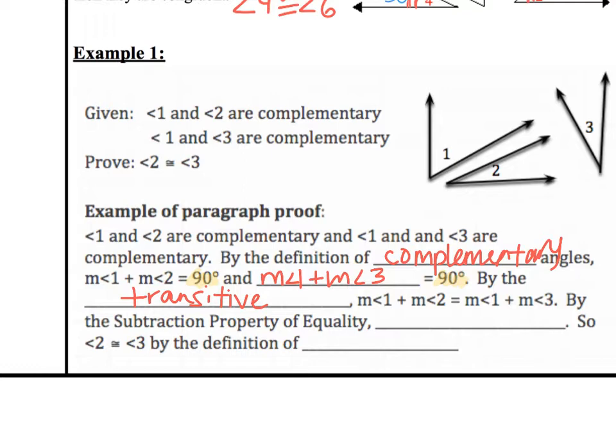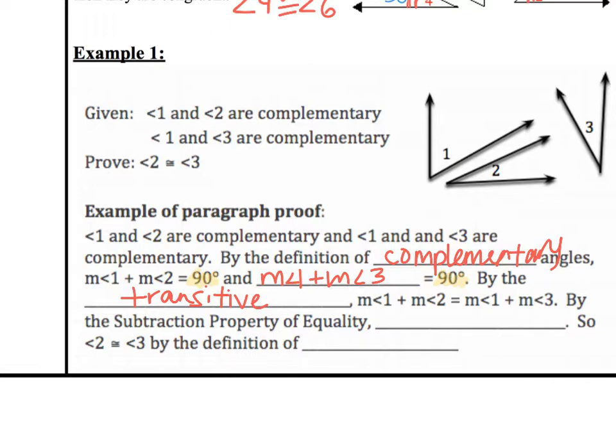Okay? And then by the subtraction property of equality. So think about what you could subtract from both sides of the equation that you just had. If I take away measure of angle 1 from both sides, what are we left with? So all that's remaining is what?